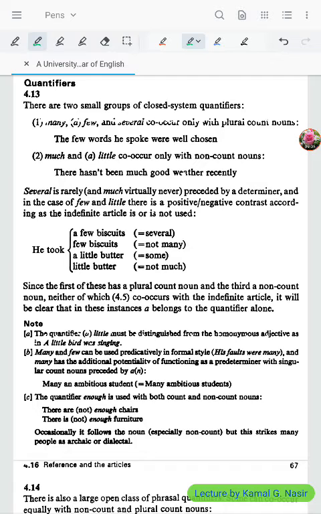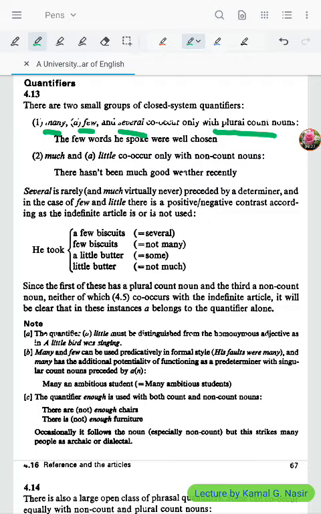What are they? They are, for example, many, few or a few, and several. These co-occur only with the plural count nouns.